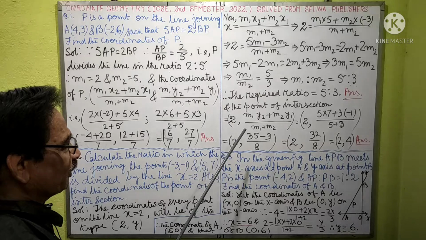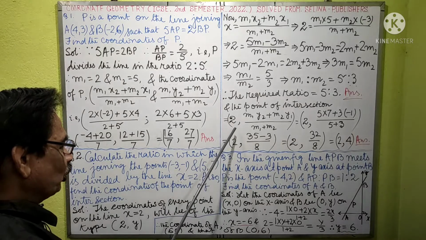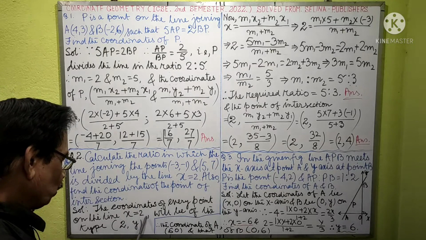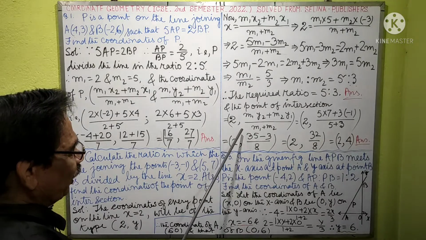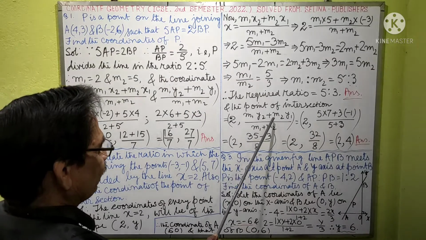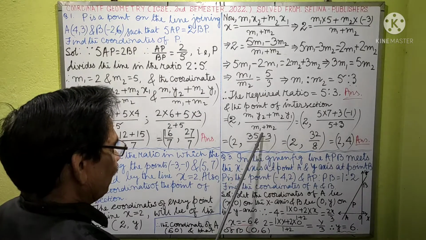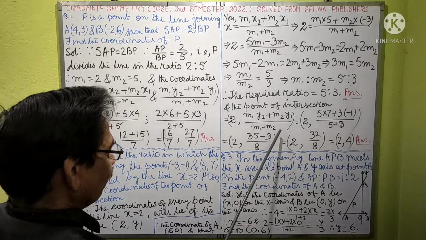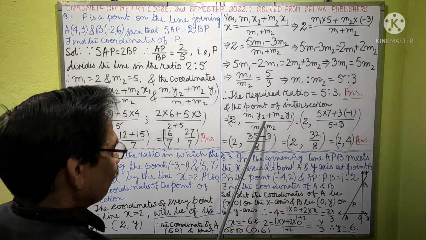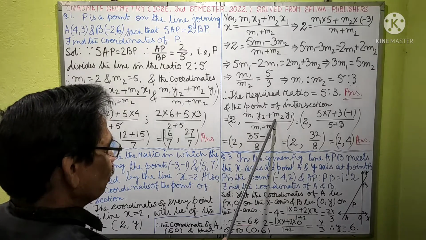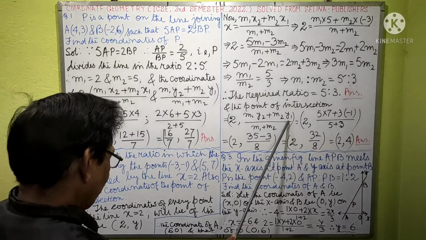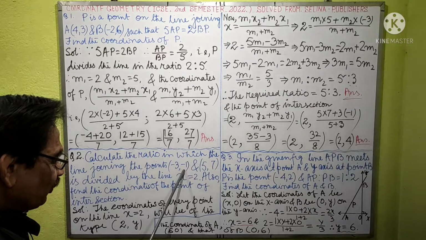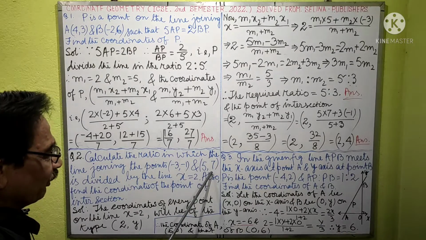Then the point of intersection: x will be 2, because the equation of the straight line is x equals 2. And y will be (m1 y2 plus m2 y1) by (m1 plus m2). So it will be m1 is 5 into y2, which is 7, and m2 is 3 and y1 is -1.